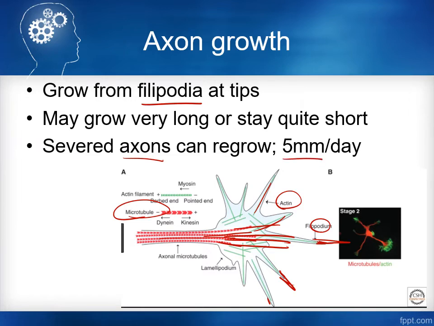That's half a centimeter. It's like maybe half the width of one of your fingers is how fast these guys can grow because the actin is pushing out on those filopodia and getting these cells to lengthen, which will allow the microtubules to come in and then set things up so that the actin can push a little bit more.